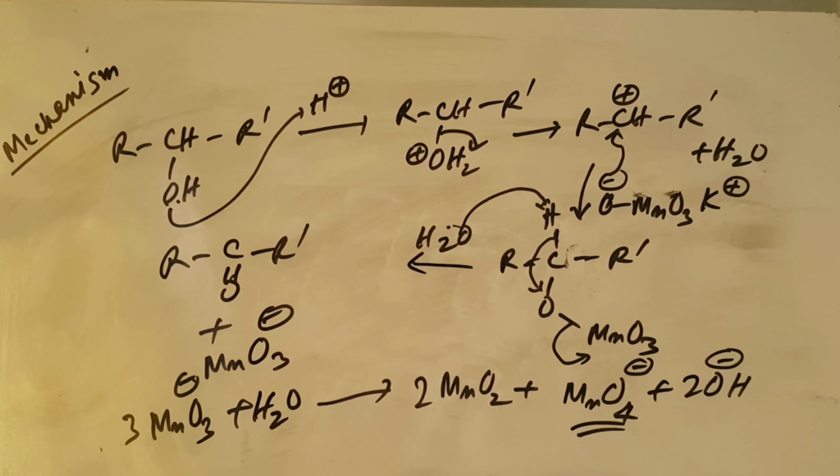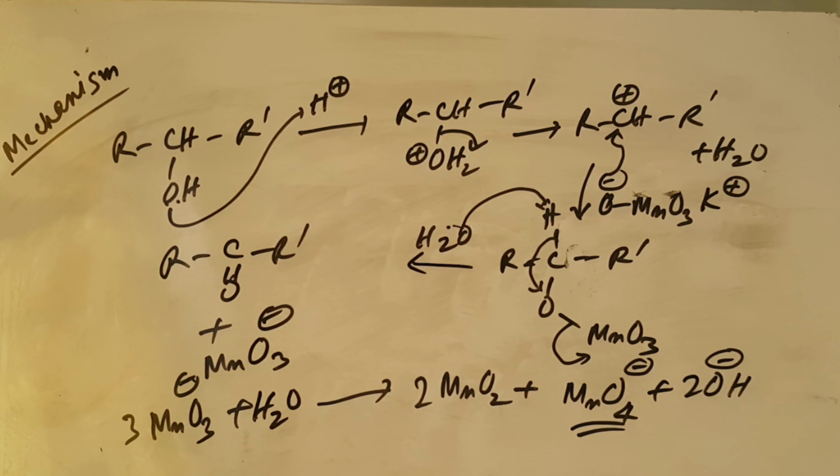This manganese trioxide anion can be converted back to permanganate by hydrolysis with water. So that is the oxidation of secondary alcohols to ketones.